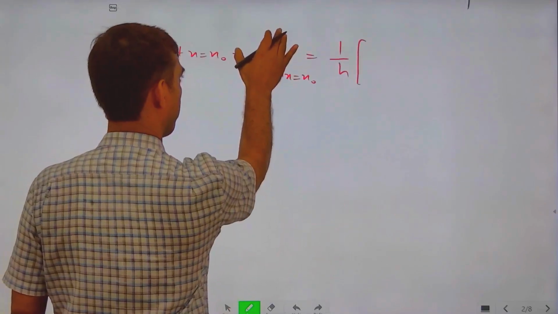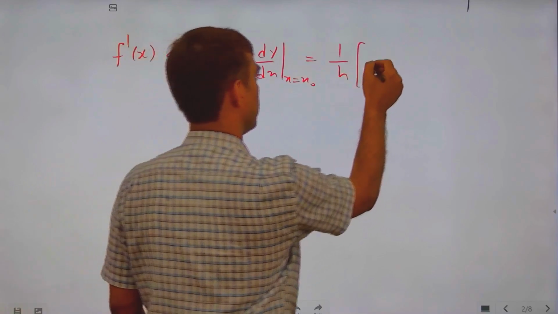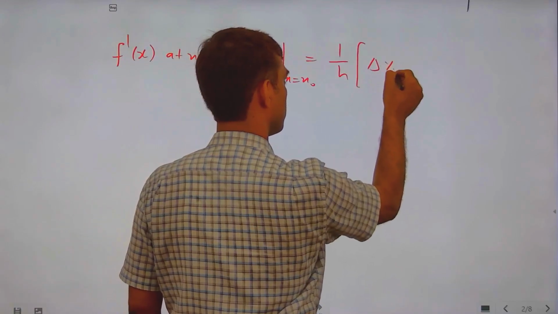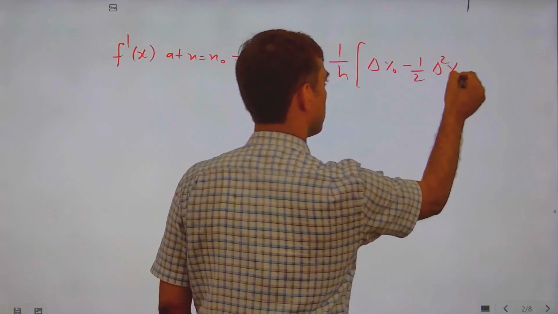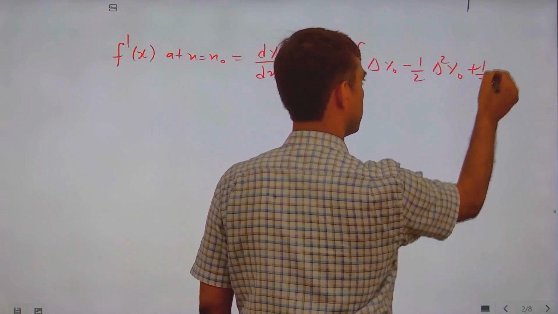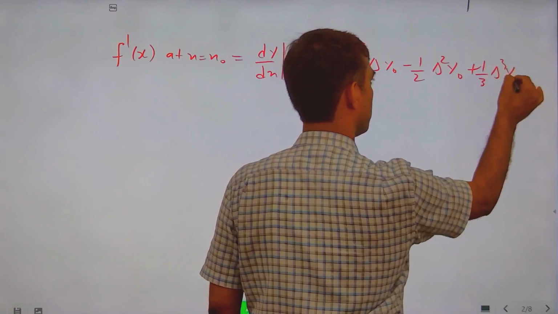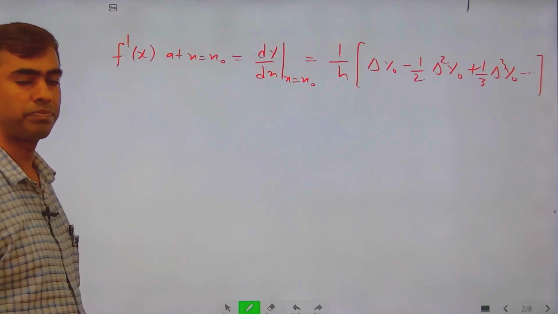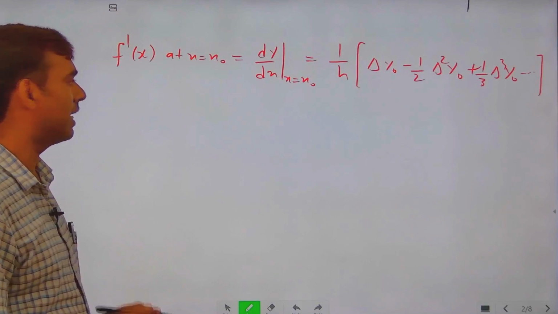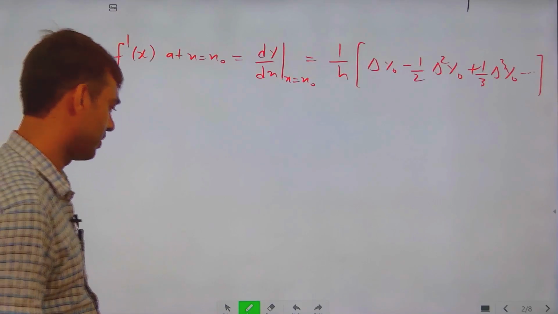So, this becomes del y0 minus 1/2 del 2 y0 plus 1/3 del 3 y0, and so on. This one is the formula for the first derivative at the initial point x equal to x0.